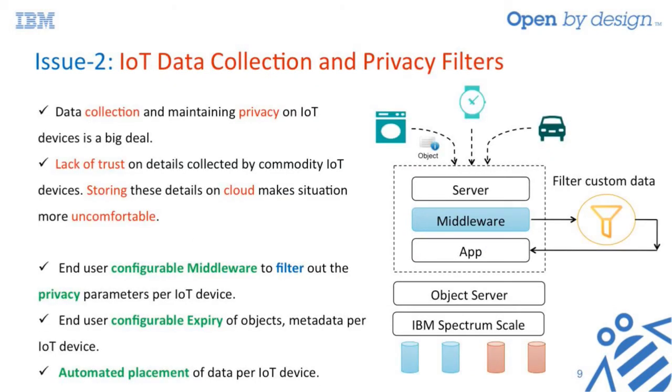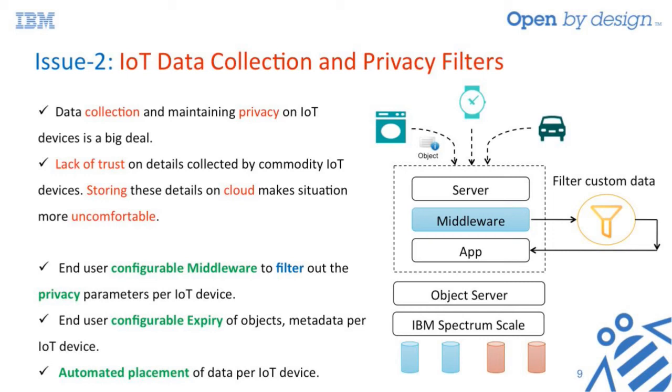So the second point was IoT data collection and privacy filters. As it states here with the first point, data collection and maintaining privacy on IoT devices is a big deal, and that's true. We have to provide and ensure privacy. A proposal on how to achieve this would be to use a configurable middleware, as you can see on the right side, that filters custom data, meaning user privacy related data.